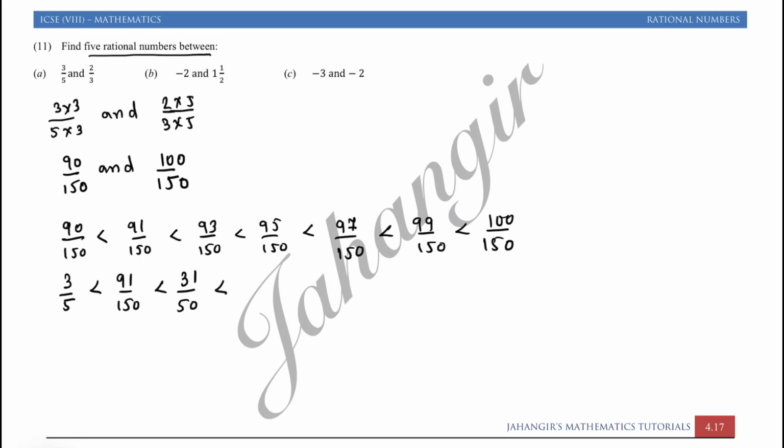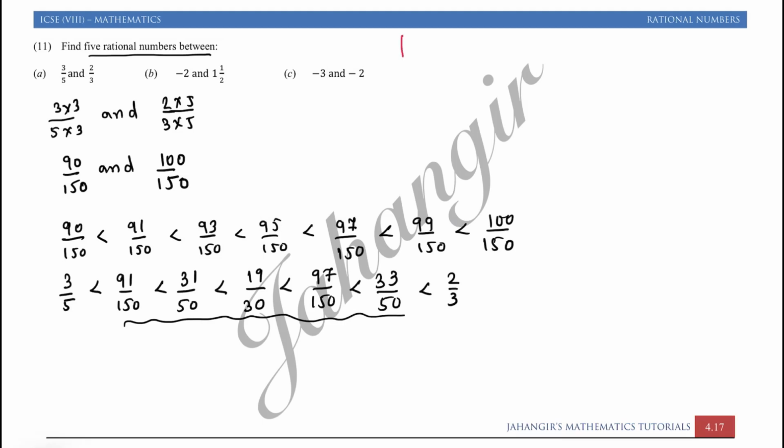Less than, we can cancel by 5, 5 19s are, 5 30s are, we cannot cancel, so let us keep as it is. 97 by 150, 99 we can cancel, 33 by 50 and then 2 by 3. Sorry. These are the 5 rational numbers which we can put in between 3 by 5 and 2 by 3. Always write the less than sign in between, otherwise you can lose your marks.